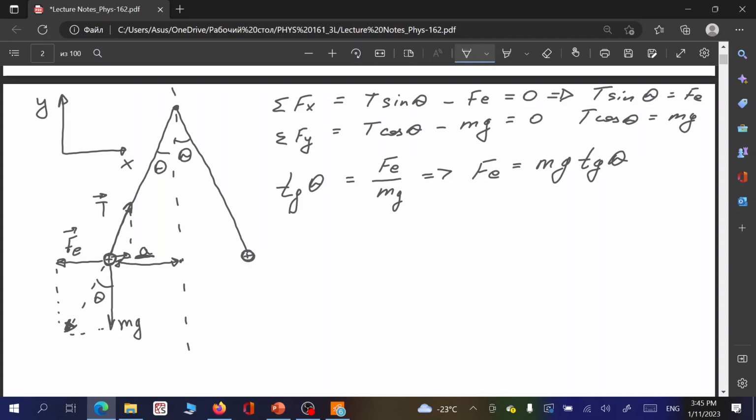So it will be equal to a, where L is the length of the rope. So it will be L times sinus theta. And distance between the electric charges now will be equal to 2a. And that is 2 times L times sinus theta.